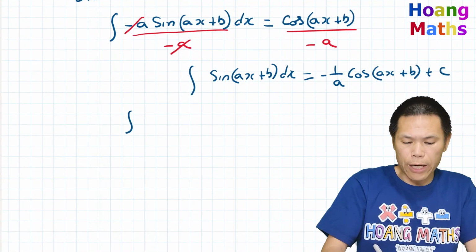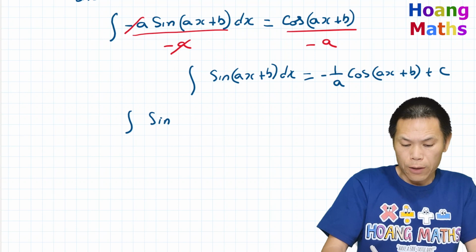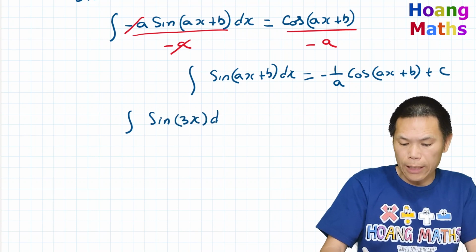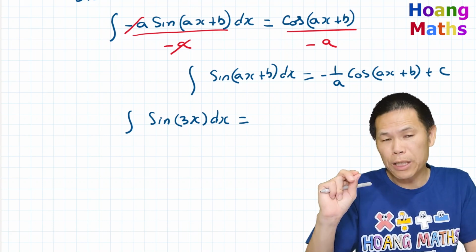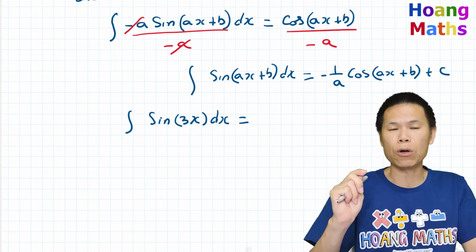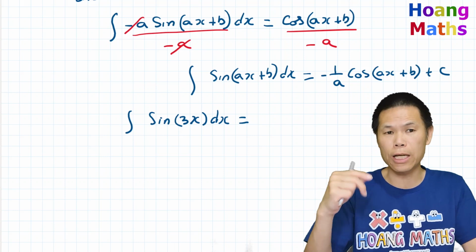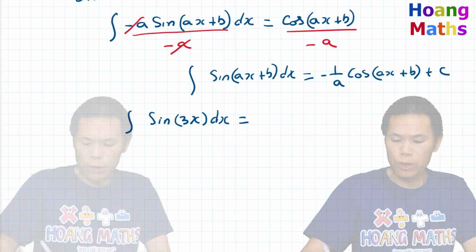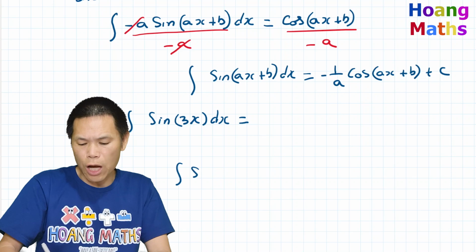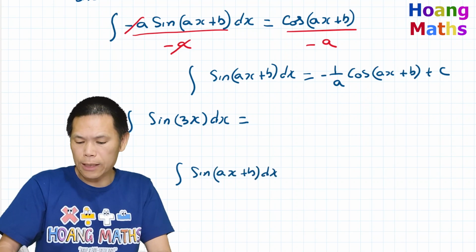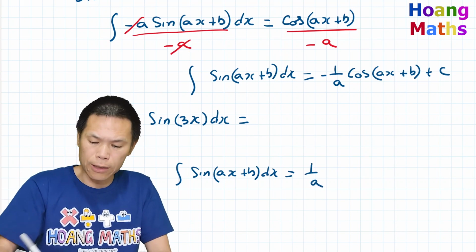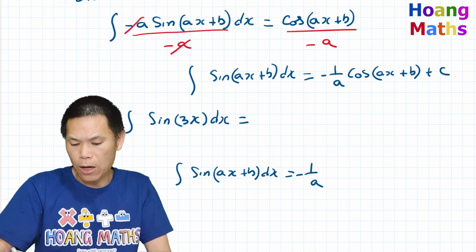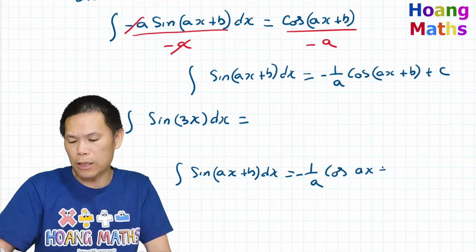So there you go. Let's just go through an example. Let's say we integrate sine of 3x dx. In this case it is ax plus b, so a is 3 and b is 0. That's why 3x plus 0, it's just like 3x. So we apply the rule. We know that the integral of sine of ax plus b dx will give me negative 1 over a cos of ax plus b.